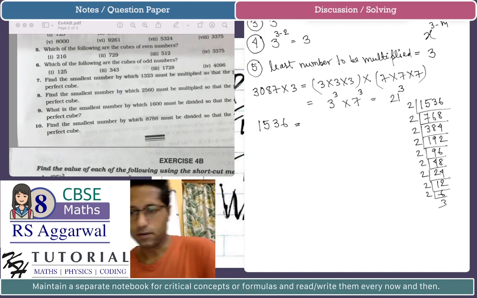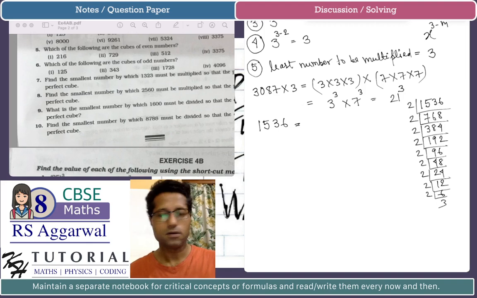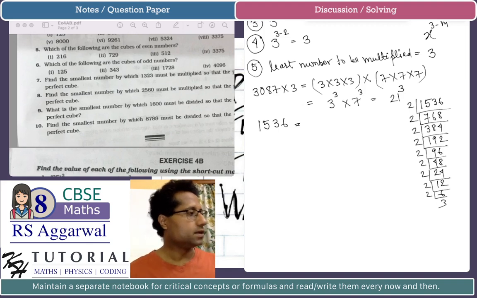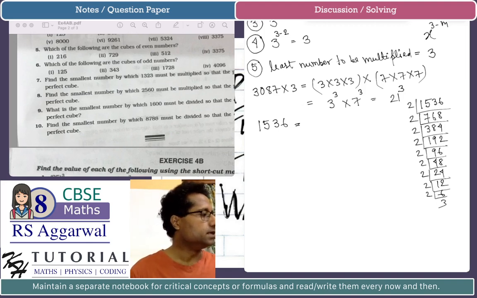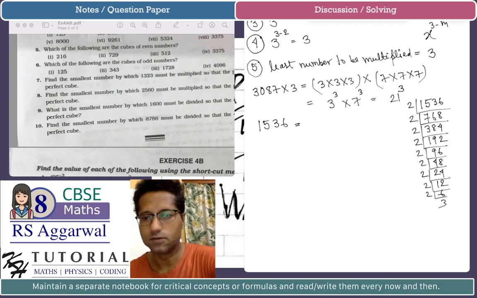I hope I did it correctly. This was an example problem from exercise 4D. This was a multiple choice question. The choices are 3, 4, 6, 8.